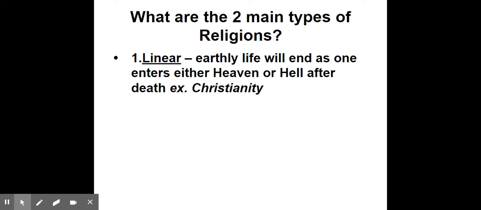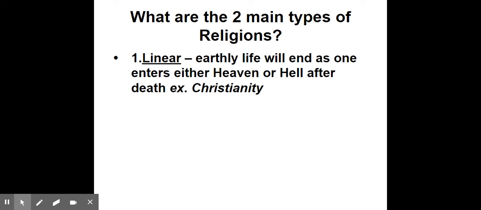Okay, all of your monotheistic religions are like this. Christianity is like this. Judaism is like this. Islam is like this. Okay, you're born, your life begins, and at some point in time, your life is going to end. You're going to die, and at that end point, you're going to either go in one of two different directions, and whatever direction you go in, you will be there for eternity. Okay, so it's a line. All right, it's a line.